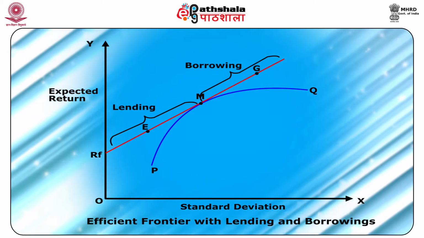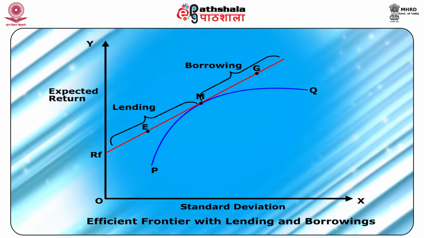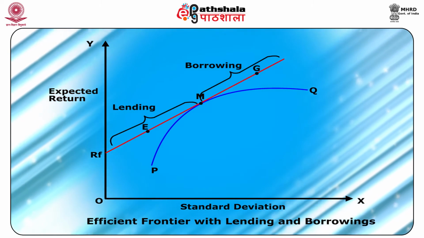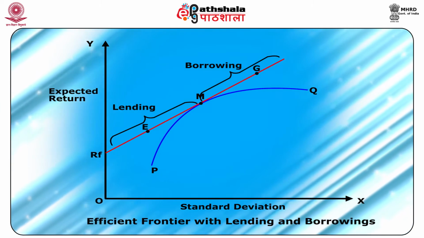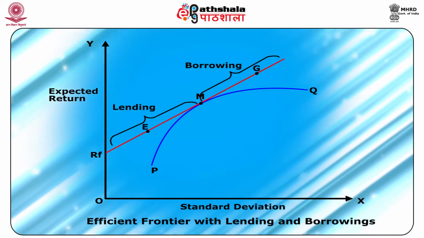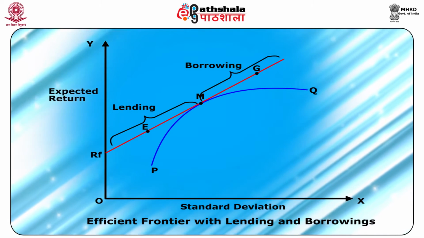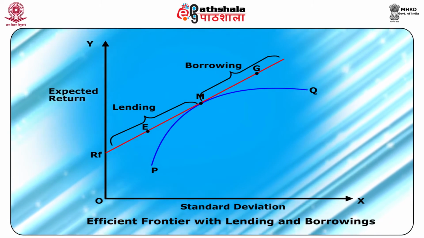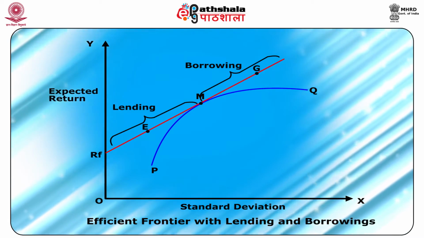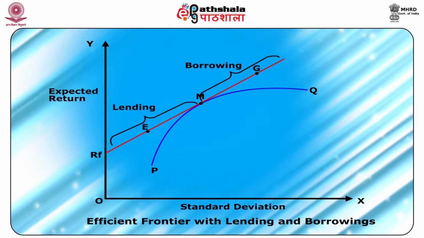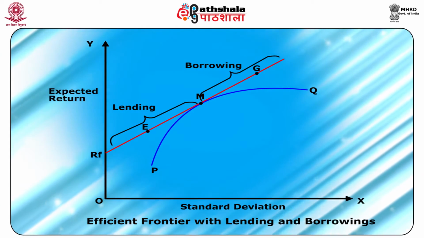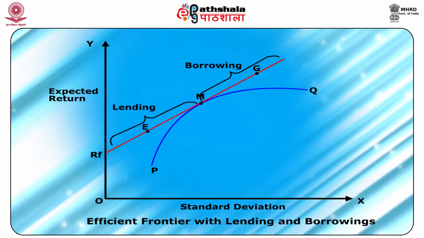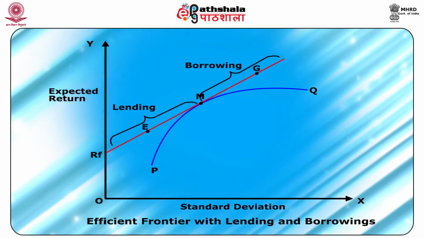No other investment or combination of investments available is as efficient as point M. The decision to purchase M is the investment decision. The decision to buy some riskless asset, that is lend, or to borrow, that is leverage the portfolio, is a financing decision.